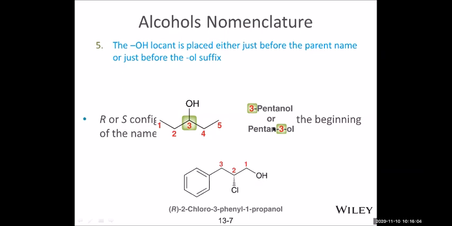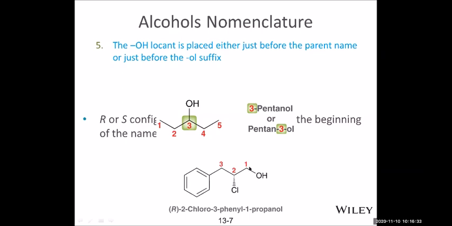It's very similar to alkene or alkyne. The alkene alkyne, you can put the location of the double or triple bond in the middle of the name or in front of the parent name. So that's the same. And this example shows the chiral molecule. You got an RS configuration, and you can see we treat the benzene ring as substituent. So this is phenol group, chloro group, and we give the OH as the lowest number as possible.